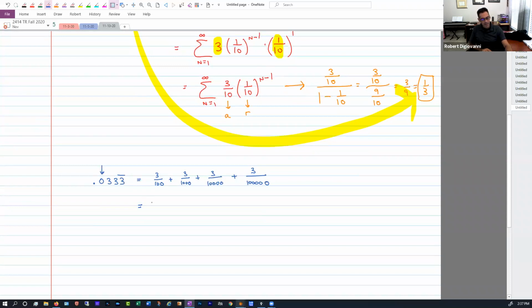I can rewrite that as 3 times 1/10 squared, plus 3 times 1/10 to the third, plus 3 times 1/10 to the fourth, and so on.